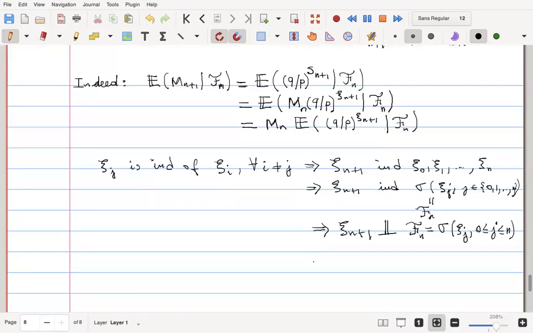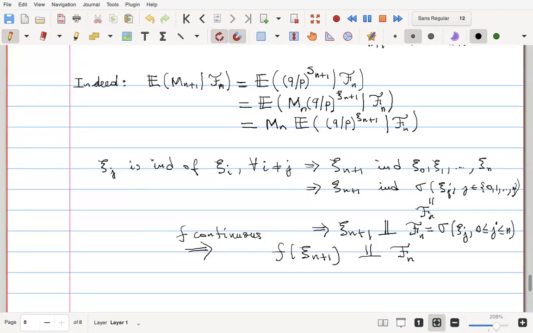So this implies that for f measurable or continuous, a continuous function is measurable, f of psi n plus 1 is still going to be independent of F sub n.